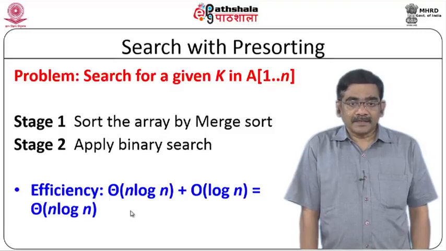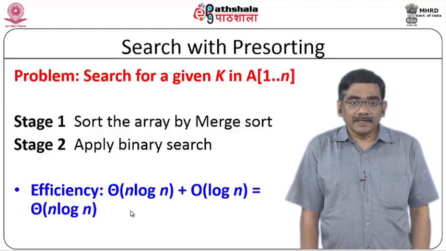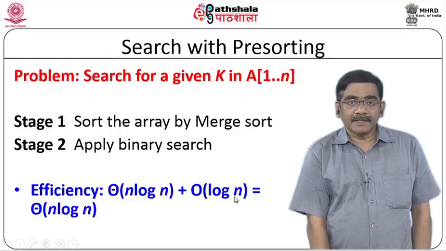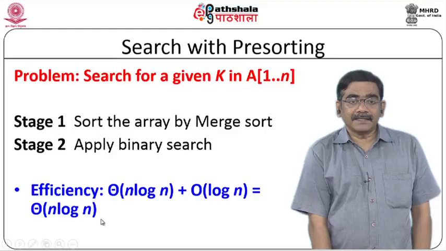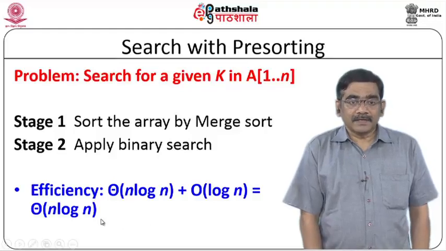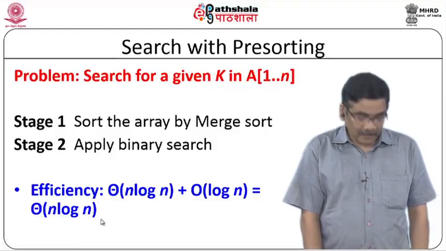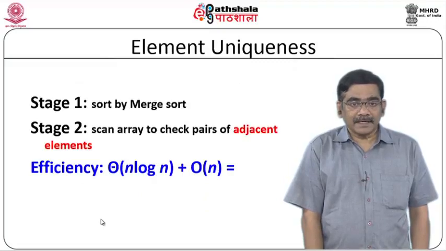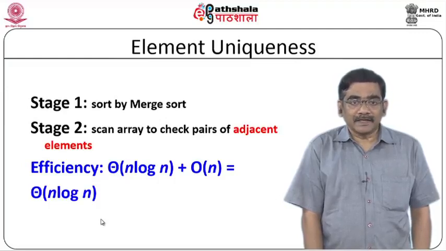The efficiency of this algorithm is theta of n log n, which is the requirement for the merge sort, and binary search requires the order of log n. So, you can see exactly that the complexity of this algorithm is theta of n log n. This is another case, again you can see that the complexity analysis is going to be theta of n log n.